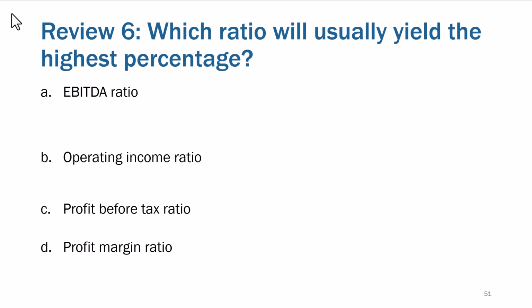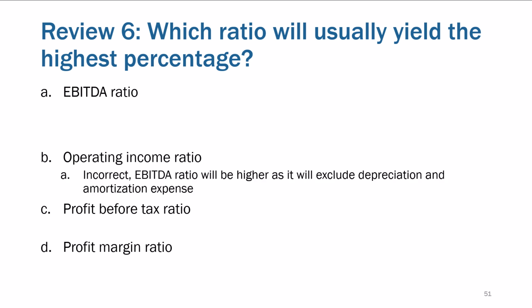Well, review question number 6 here. Which ratio will usually yield the highest percentage? EBITDA, operating income, profit before tax, or profit margin? I actually didn't even look at all of these, but operating income is going to be higher, as it's going to exclude depreciation and amortization expense.